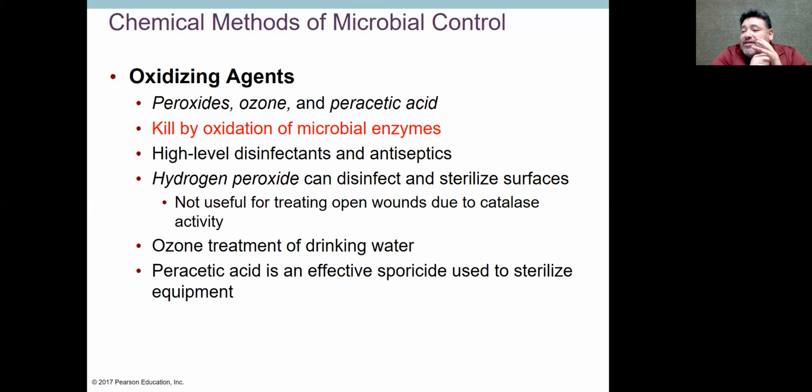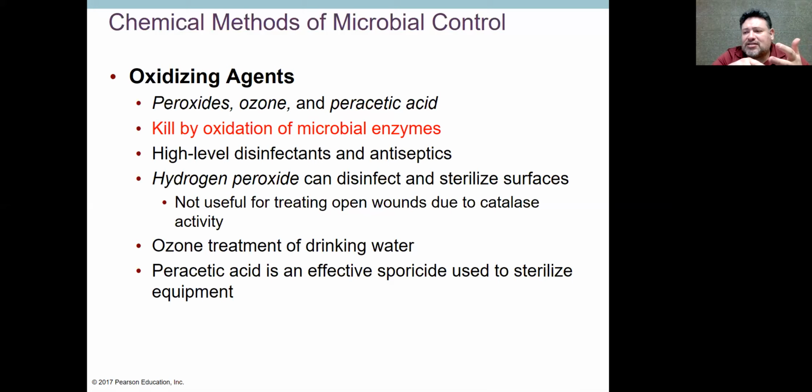Oxidizing agents, peroxides, ozone, all these. Mode of action: destroy microbial enzymes. Yes, that's true. But if you also remember the toxic species of oxygen, relevant pathogenic microorganisms are typically obligate anaerobes, like Clostridia, and these guys do not fare well in an oxygen environment.